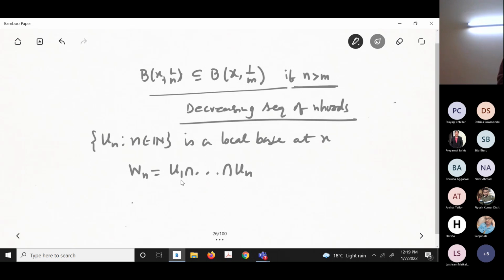Look, each of them is a neighborhood of x. Each of them is open, a finite intersection of open sets is open, and each of them contains x. Now you see that this is decreasing.